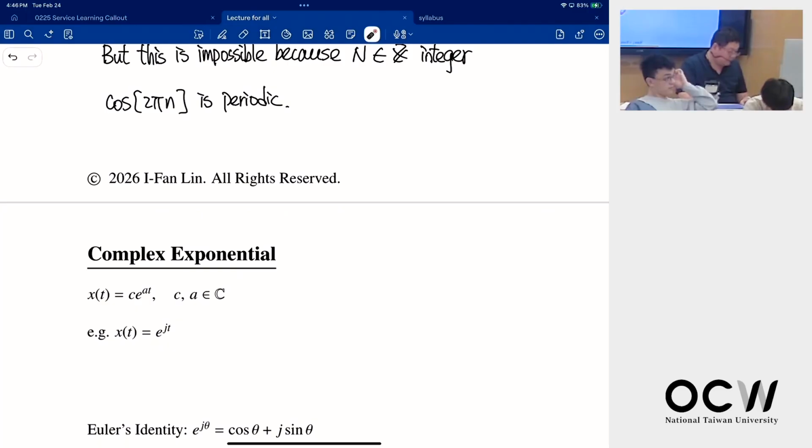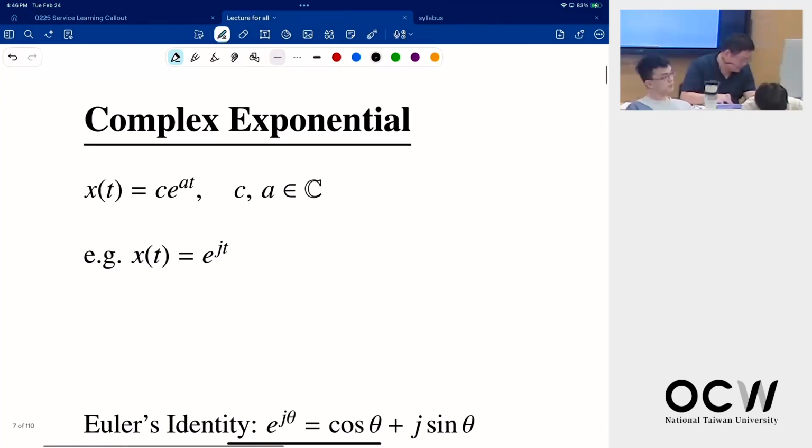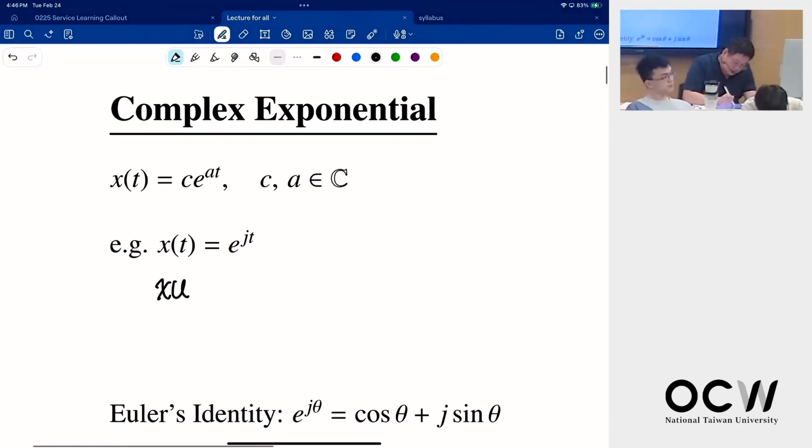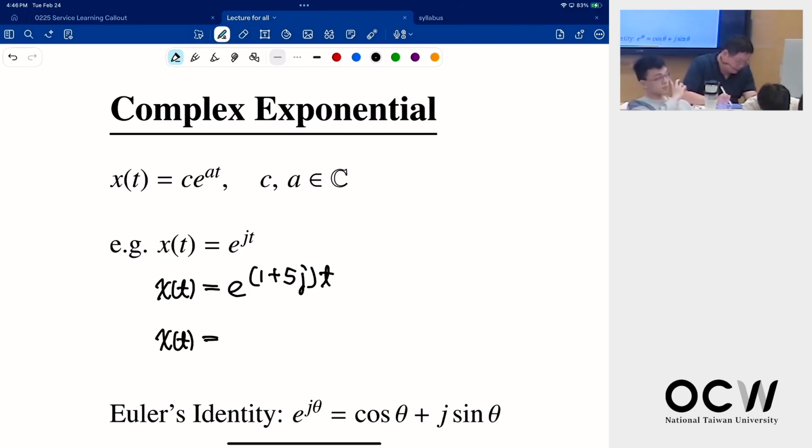For example, e to the jt, or e to the (1 plus 5j)t, or c could be a complex number, like 1 plus 3j times e to the jt.